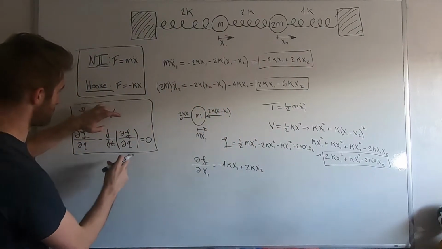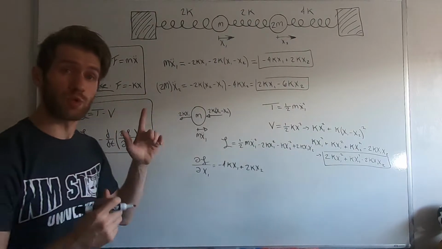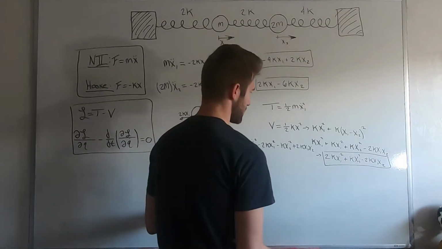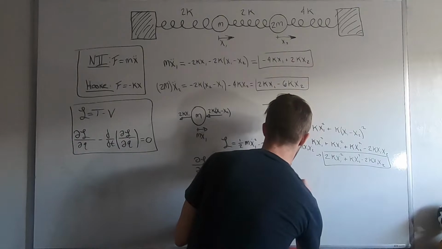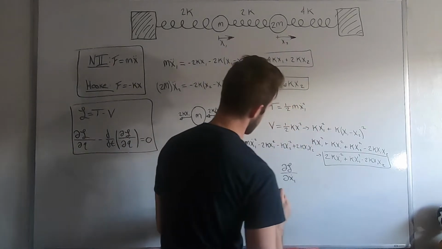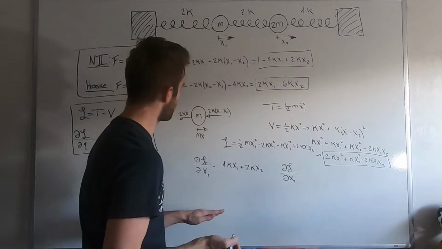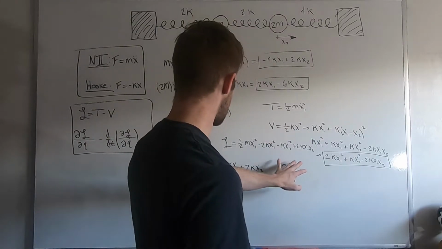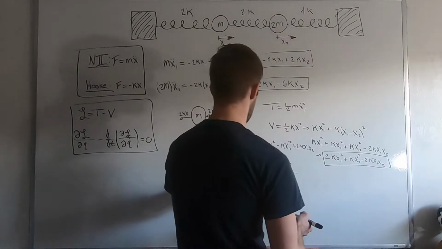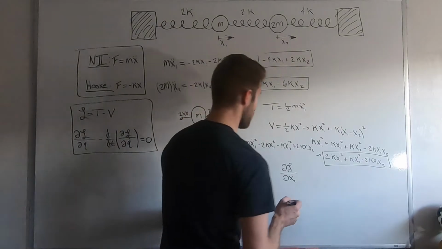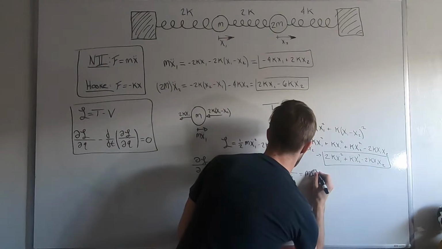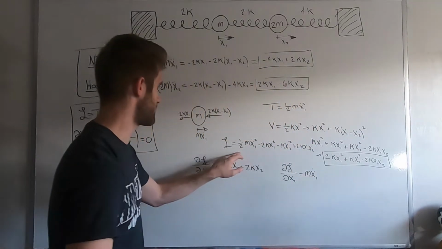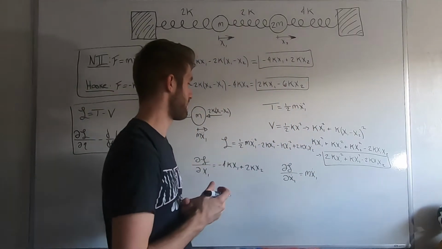So now let's differentiate with respect to q dot, or x dot, x1 dot. So what do we get here? So we're going to get this with respect to x1 dot. And as before, we can treat everything else as constants except for x1. That is going to, just good old-fashioned power rule, be equal to mx1 dot, okay? Because that removes the 1/2 term there.